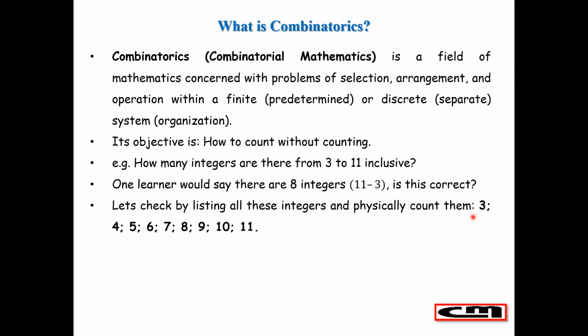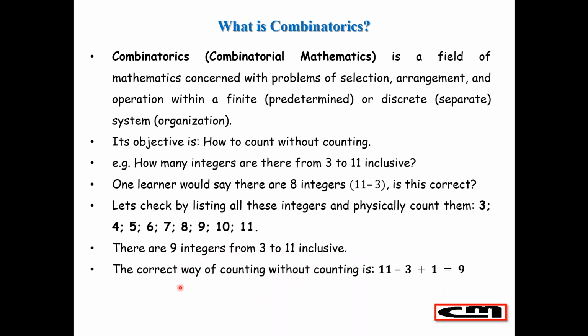Then we count them, we have 1, 2, 3, 4, 5, 6, 7, 8, 9. There are 9 integers from 3 to 11 inclusive. Therefore, the correct way of counting without counting is 11 minus 3 plus 1 is equal to 9.